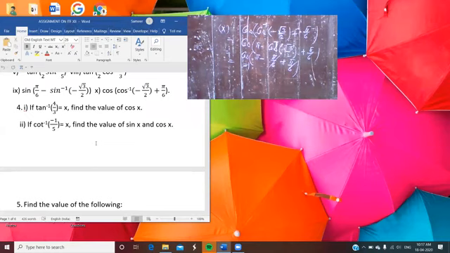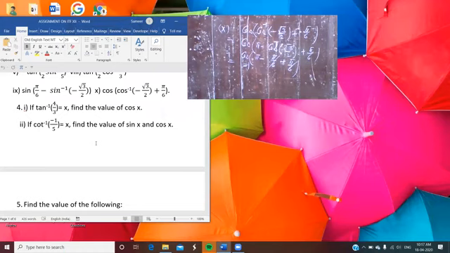With the help of a triangle, you can also find the value of the fourth part. In the first part of the fourth question, if tan inverse 4 upon 3 is equal to x, then you have to find the value of cos x. I'm just giving you a hint regarding the fourth question; you have to solve it on your own.